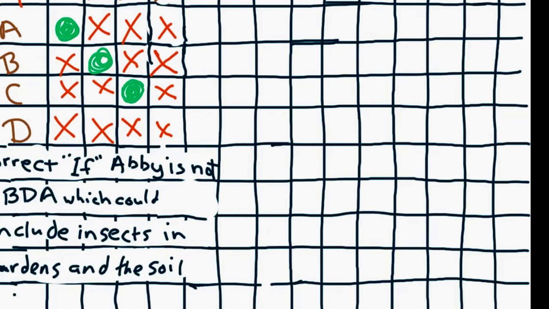There may be 3 of these, that's why I'm kind of hurrying through. And again, this is correct if Abby is not a BDA, which could include insects, gardens, and the soil. So we're talking about insects in the garden, BDA. So it's a possibility. It looks like I only got 3 of them.